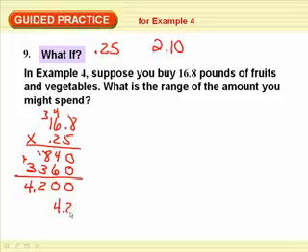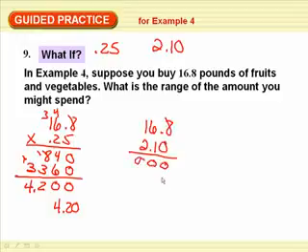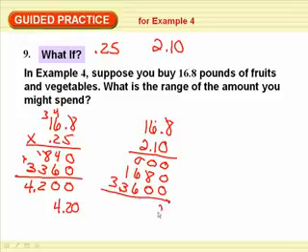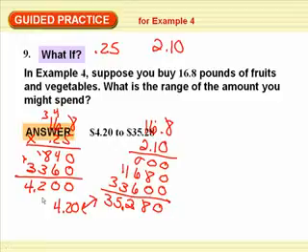Okay, it would range from $4.20 to, what if they were all $2.10 a pound? 0, 0, 0, placeholder, 8, 6, 1, double. 2 times 8 is 16, carry the 1, that's 12, 13, carry the 1, that's going to be a 3. And move it over 3 places. So it could range from $4.20 to $35.28.